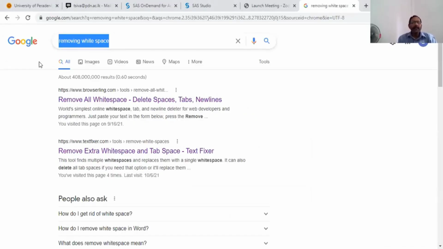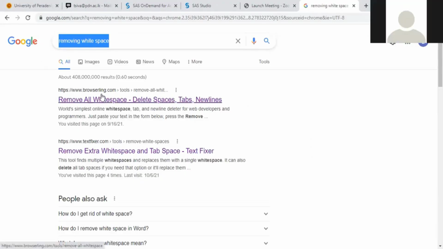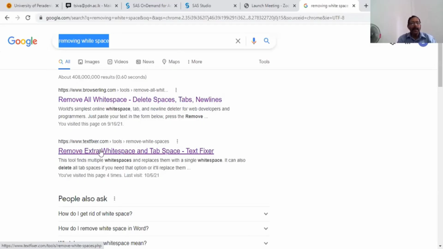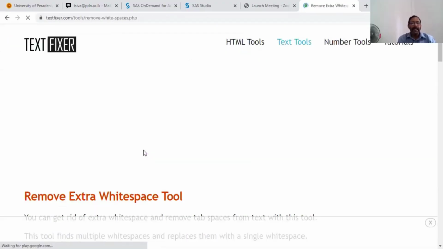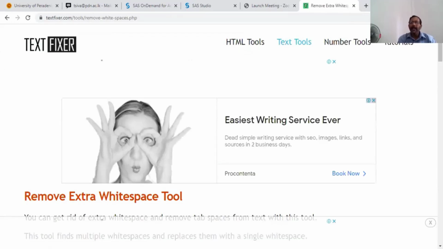Can you all see? There's a program called removing white space. Now there's a website, you see, remove extra white space and tab space. Click that. I'm going slowly. You'll have to click that first. I have clicked. Now you will see a window like that.